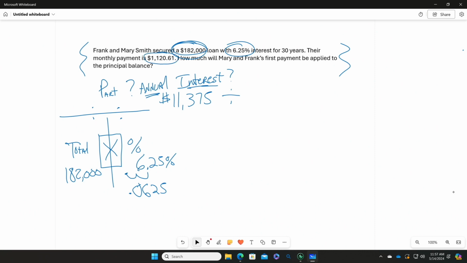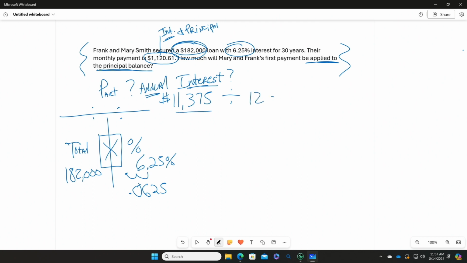We know what the monthly payment is, don't we? But this payment right here includes interest and principal. And the math problem wants us to figure out how much will be applied to the principal balance. So we've got to get this interest out of the problem. So we know what the annual interest is.